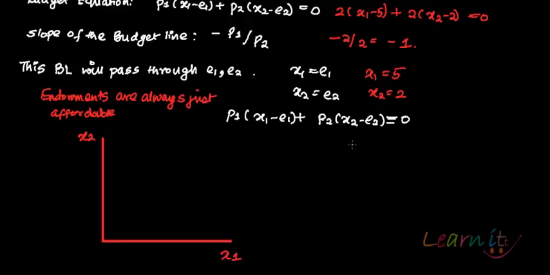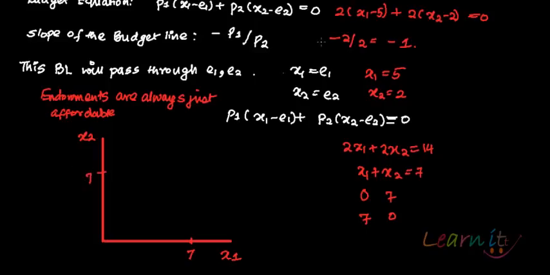Your equation is basically 2x1 plus 2x2 equals 14, or you can write this as x1 plus x2 equals 7. In case x1 is 0, x2 is 7. When x2 is 0, x1 is 7. So this is 7, 7. Clear? And let me join them. So this is your budget line.